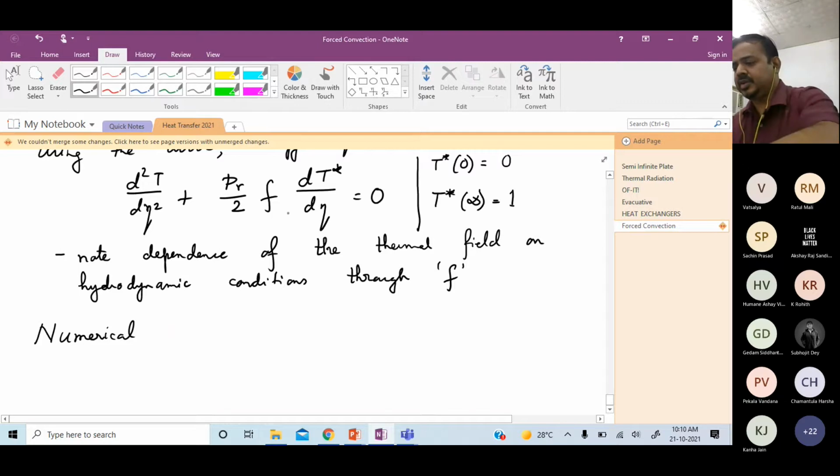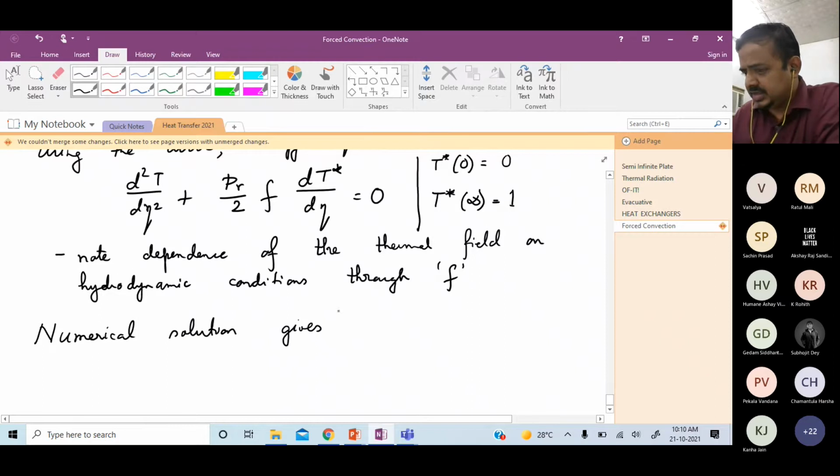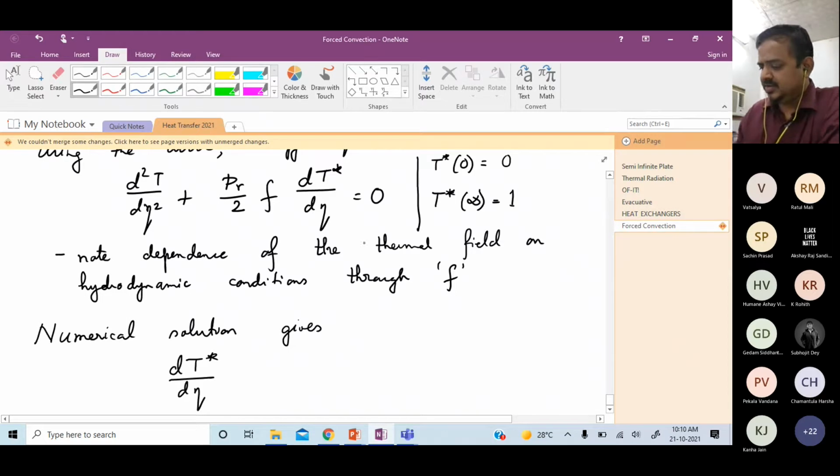Now this equation is difficult to solve analytically, but a numerical solution will give you this dT star d eta, which is the first derivative.